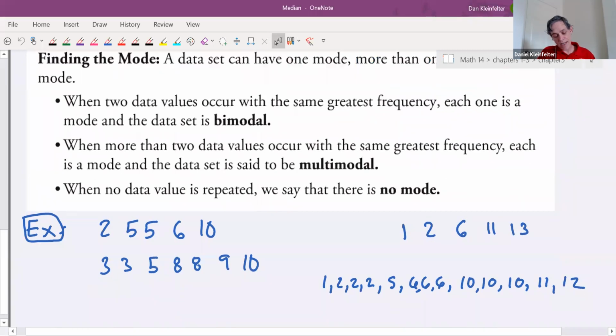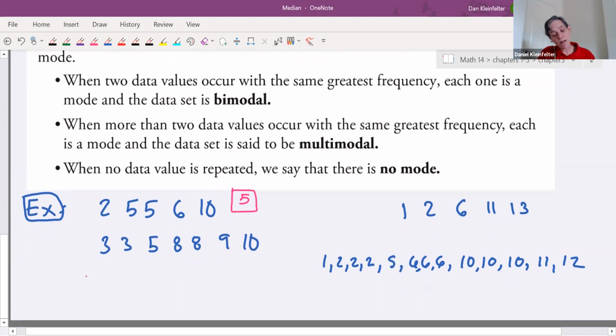So let's try each of these. So 2, 5, 5, 6, and 10, the mode is going to be 5. 5 occurs more often than any other. Going down next, we have 3 and 3, 5, 8 and 8, 9 and 10. So here, this one is bimodal. 3 and 8 are our 2 modes.